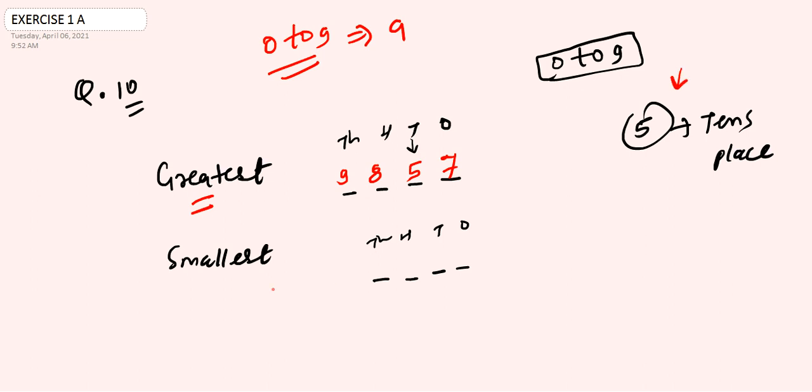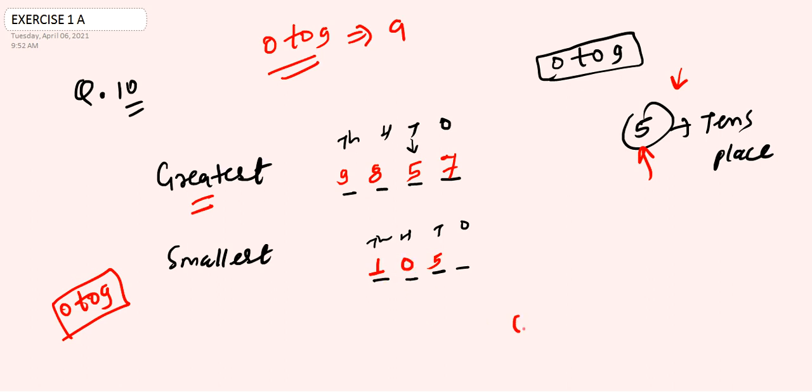Now what about the smallest 4-digit number? Again the same condition, 5 we have to use at the tens place. So write 5 here. Okay. Now the smallest, 0 to 9. Whenever we have to form the smallest number, we are supposed to use the smallest digits. So again the same thing, you can't begin with 0. So we will start from 1. Then after 1 you can write 0.